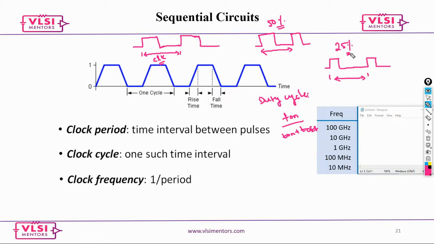In industry, just for your information, we always prefer 50%. We don't rely on 25% and so on. Any clock that you take in industry would be something like this. Anything like 25% may be part of some control logic, but you may not have 25% duty cycle clocks in the industry.